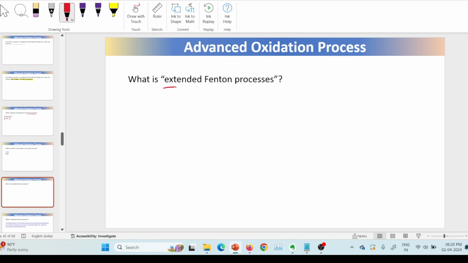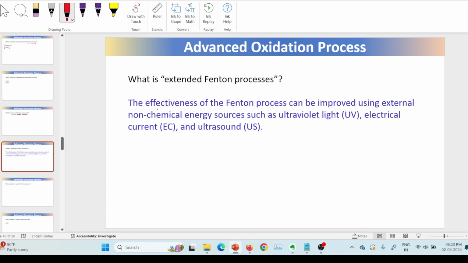What is extended Fenton process? This is the explanation of extended Fenton process.